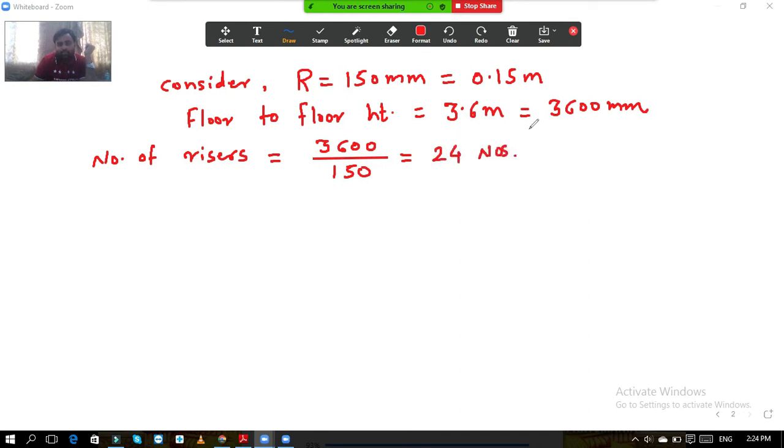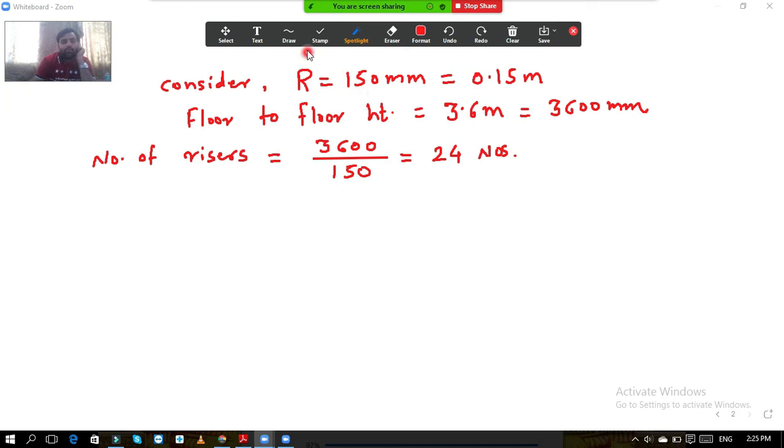In the last problem we did half of 3600 and then divided by riser, and we got the number of risers in a single flight. Now here if you do it the same way, that is also correct. If you first calculate the total number of risers and then divide it by 2, you will get the number of risers in a single flight.